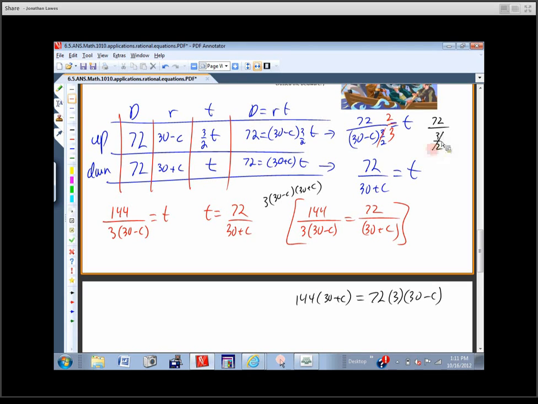I'd take this and I'd flip it over and multiply. That would put the 2 on the top and the 3 on the bottom. So I'm carrying out the division with the fraction. I'm not trying to make it some other equivalent fraction. If I multiplied the top and bottom by 2/3, that wouldn't help me out at all. I'd just put the fraction on the top.